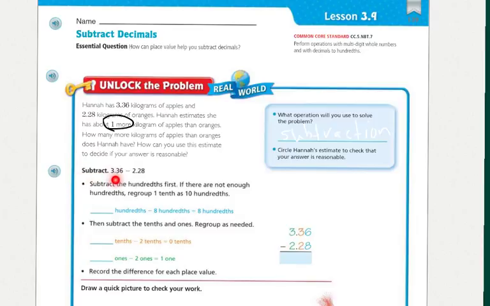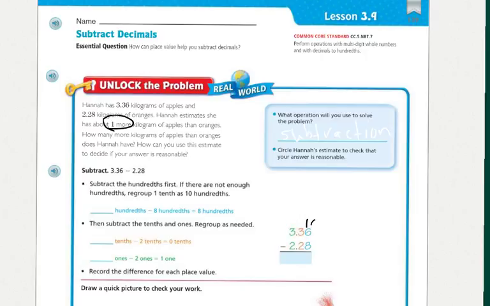Let's subtract, and so now we're going to subtract it. So first I'm going to subtract the hundredths, right? So here's my hundredths. I'm going to subtract 8 from 6, okay? But I can't subtract 8 from 6, so I'm going to have to borrow, right? So let's go ahead and do that.